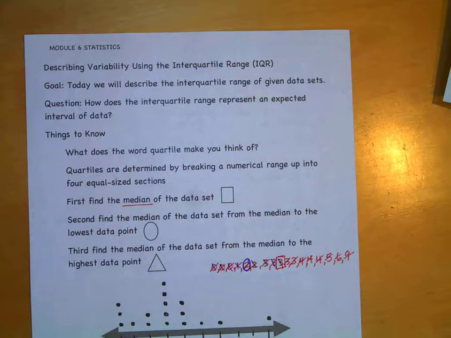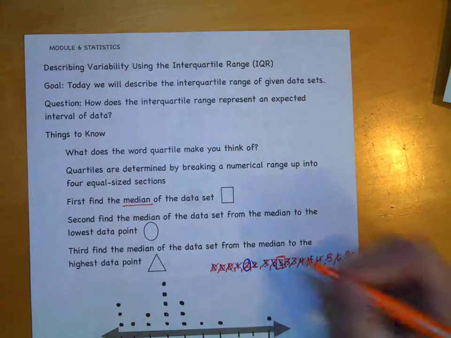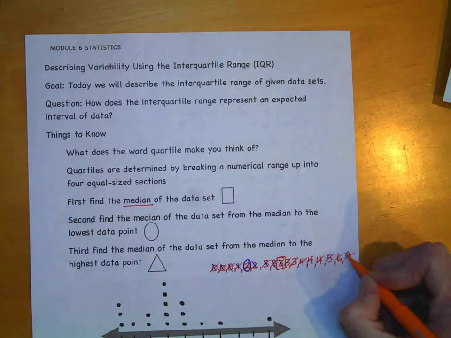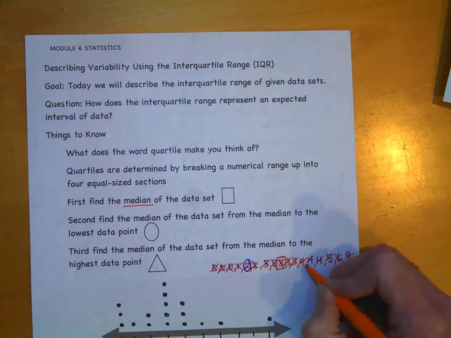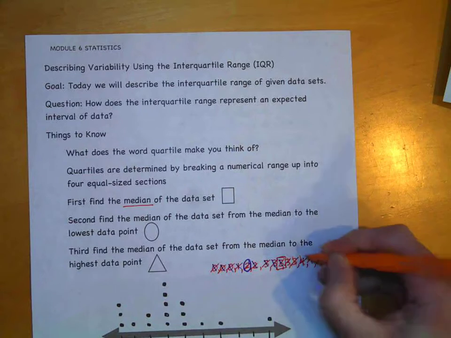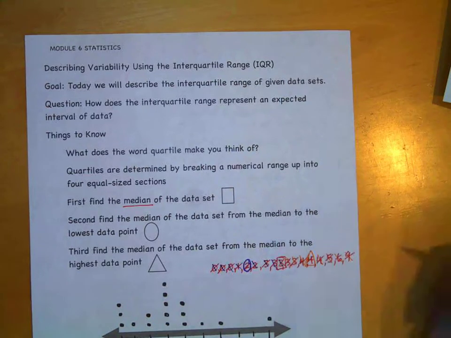And then third, find the median of the data set from the median to the highest data point. So I go here to here, here to here, and I put a triangle around that one.